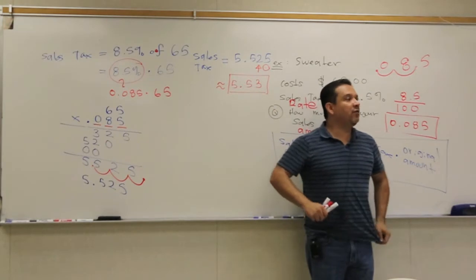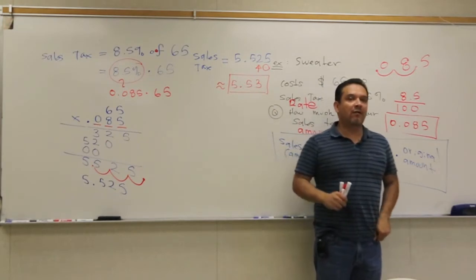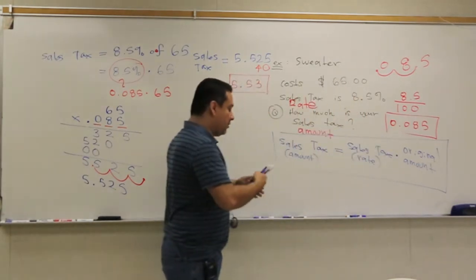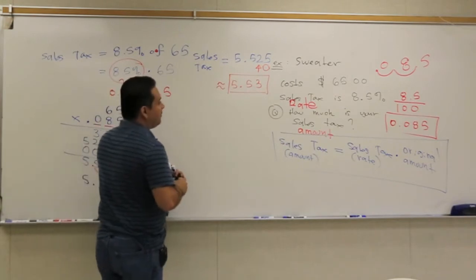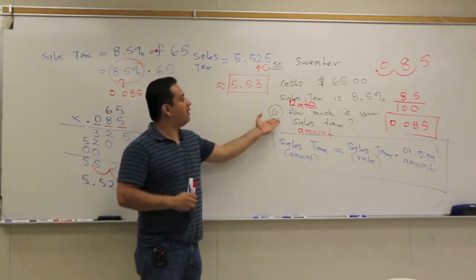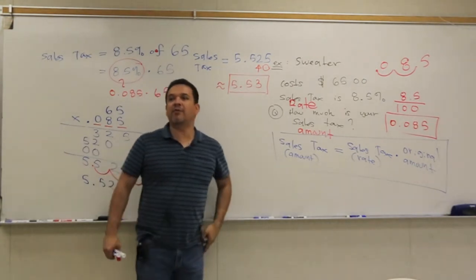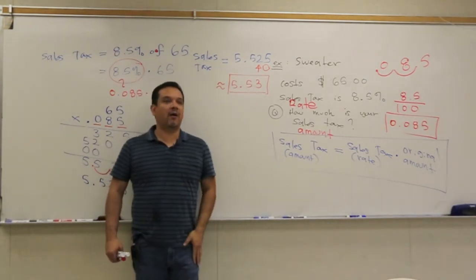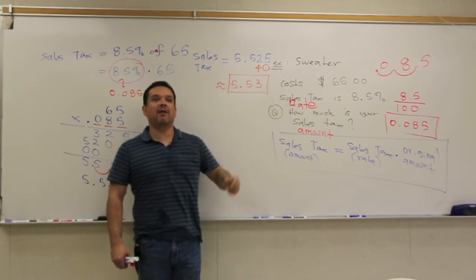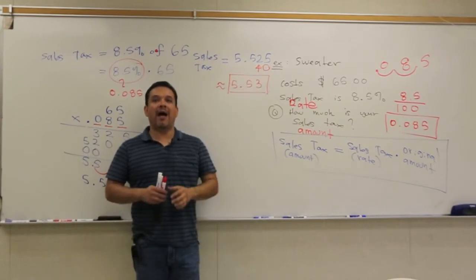You have to include the sales tax. This is the answer to the question, by the way. Your sales tax is $5.53. So sometimes when you work with the money questions in the book, you have to go out to the nearest penny. Okay, you guys okay with that?